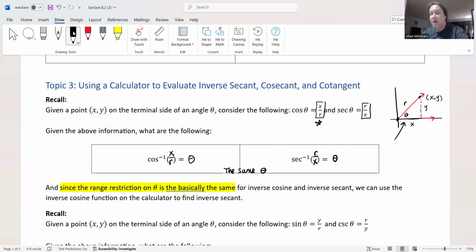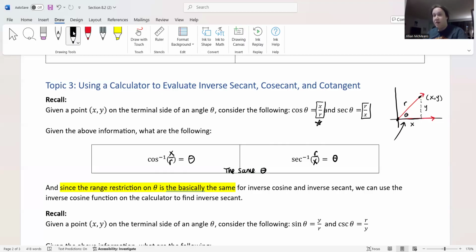This works because when we were first building these trig functions, we acknowledged the fact that trig functions are not one-to-one. So we restricted the domain of all of the different trig functions in such a way that we had a segment of the trig function that was one-to-one. Then, when we built those inverse trig functions, we created a situation where we have a restricted range.